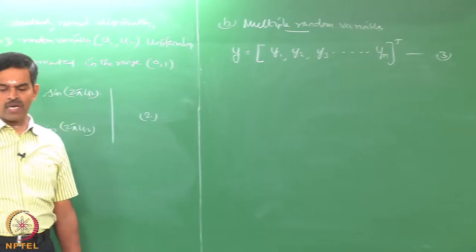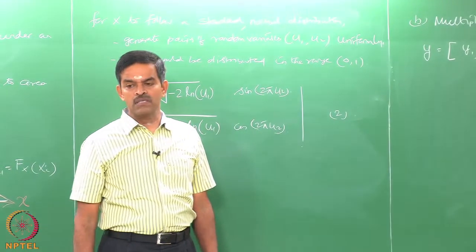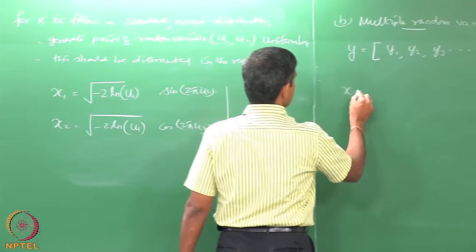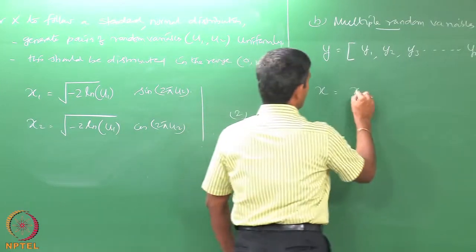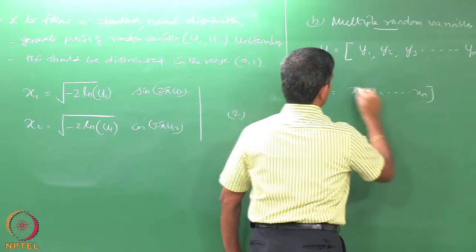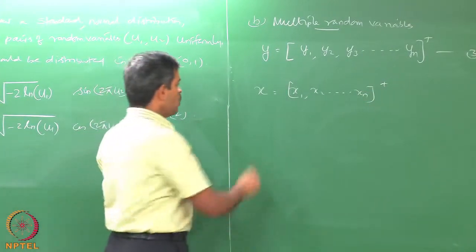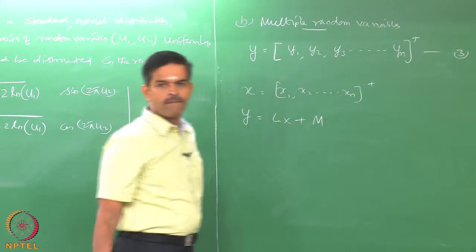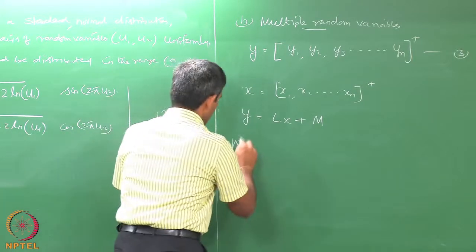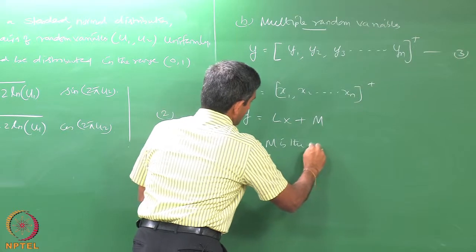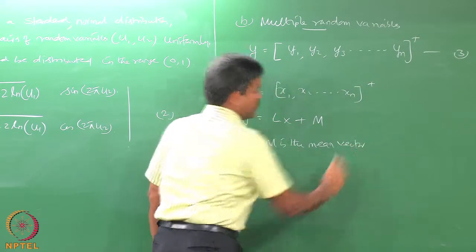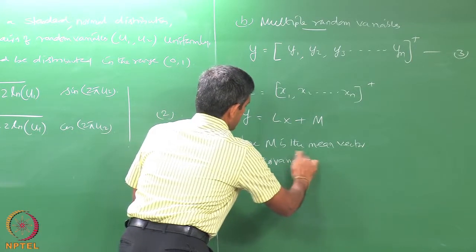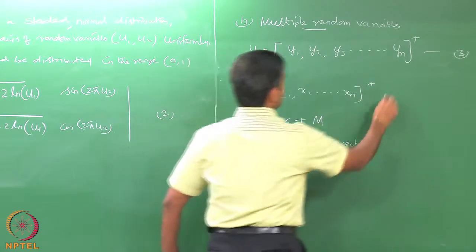One needs to generate the sequence of random variables that are statistically independent. One can use the following relationship for this. Let us say x can be x1, x2, xn transpose, and now if you want to generate y, simply say it is Lx plus m, where m is the mean vector and sigma is the covariance matrix. Call this equation number 4.